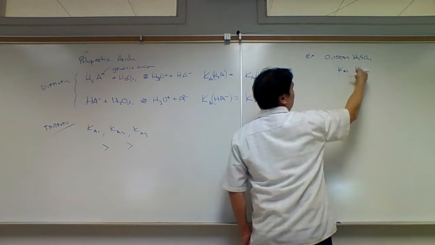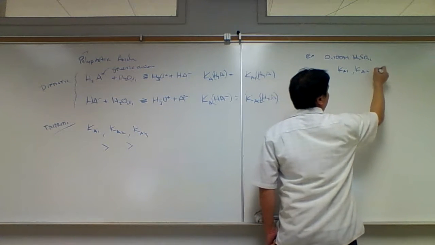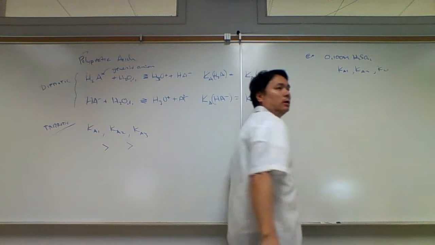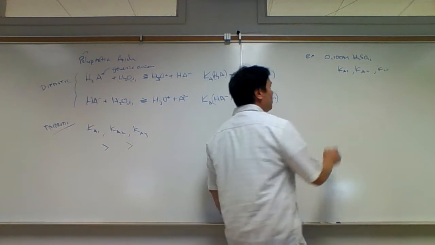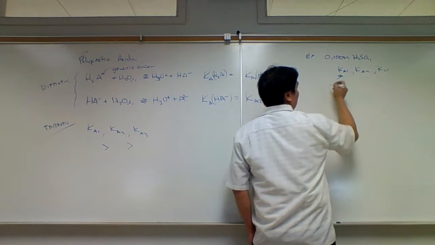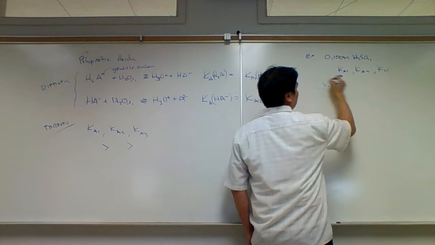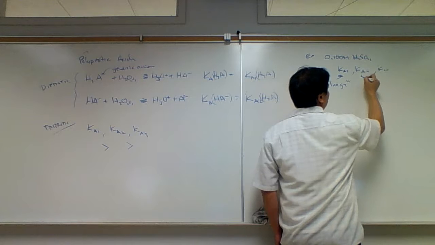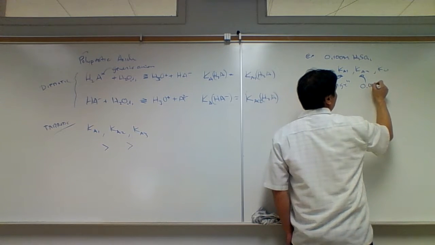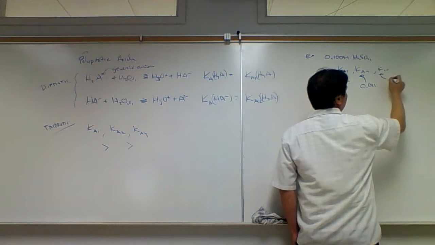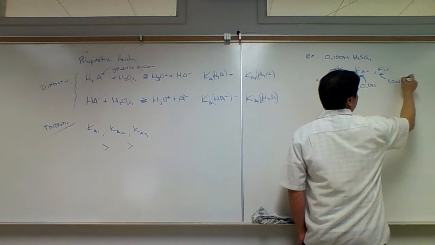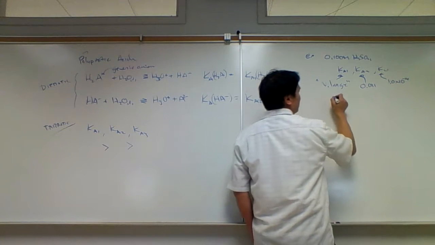It's for the two protons on H2SO4. And we have Kw. And so we got to look at the sequence. Ka1 is a strong acid, so Ka1 is very large. Ka2 we look up in a book, and it's 0.011, and Kw is 1.0 times 10 to the minus 14. And so these would be the steps.